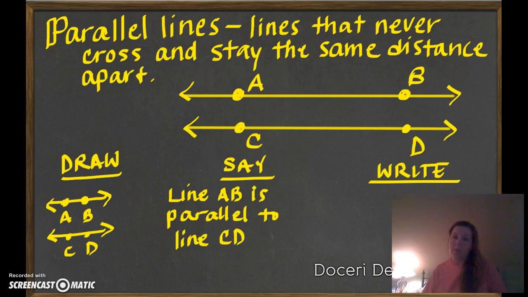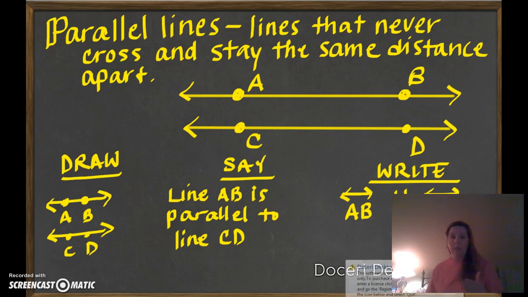And if we're going to write it, there is a symbol that means parallel. We would use our symbol for line AB, and this symbol with two vertical lines that look parallel means parallel. So this means line AB is parallel to line CD. So that's how we write that two lines are parallel.